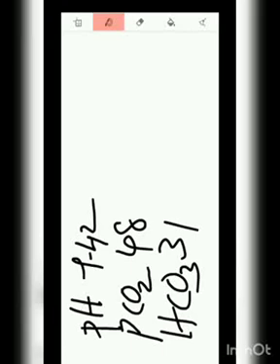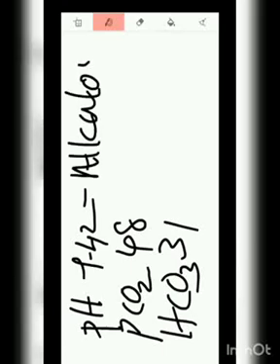Then what can we say, is it alkalotic or acidotic? It is alkalosis. Why is it alkalosis? Because the pH is greater than 7.40. It is between 7.41 and 7.45. That's why it is alkalotic. So it is alkalosis now.